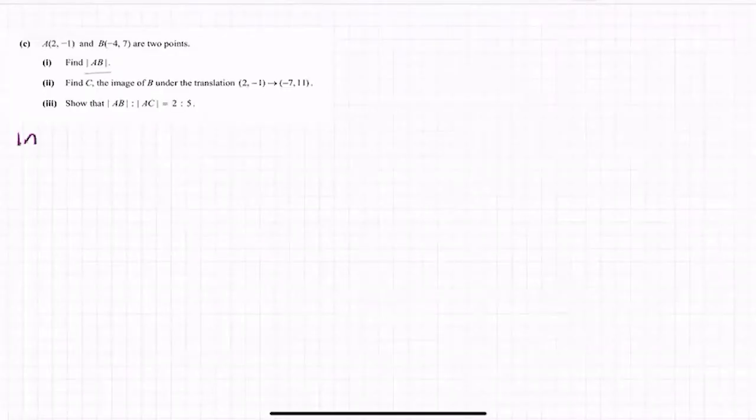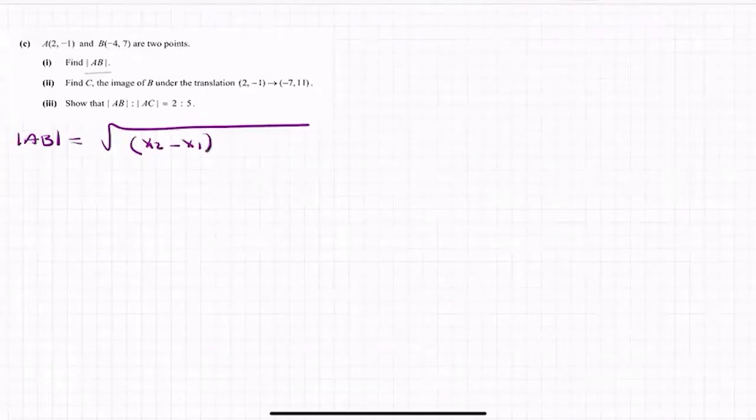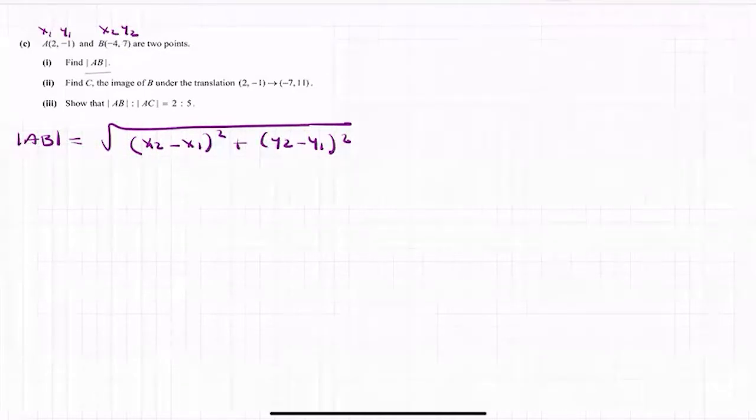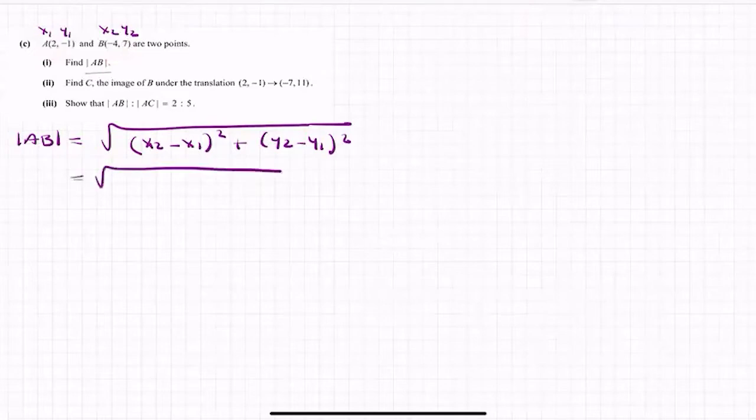So the length of AB is the square root of x2 minus x1, all to be squared, plus y2 minus y1, all to be squared. Okay, if these are the 2 points I'm finding the distance between, that's x1, y1, x2, y2. xy of my first point, xy of my second point, and you sub them in.